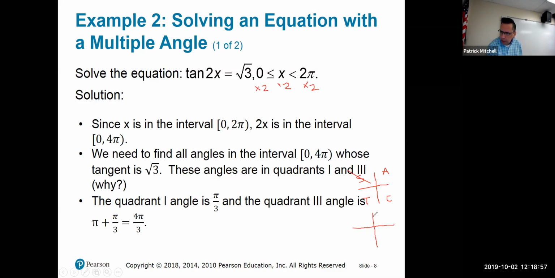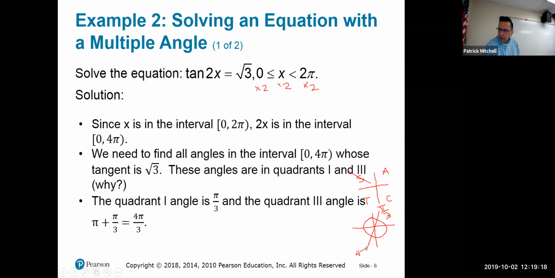Okay, so here is my unit circle. There's pi over 3. So the other angle we're talking about is this angle down here, right? And that angle is what you get when you add pi to pi over 3.